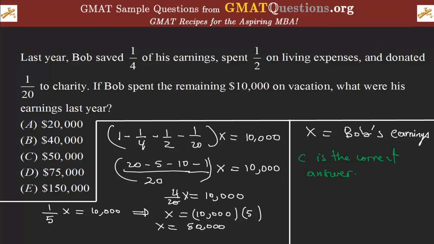Now, this is not the only way to do this question by any stretch of the imagination. You could have done this question by changing 1/4 into a percentage. You could have said this is 25%, this is 50%, and this is 5%. 1 over 20 is 5%. But we're dealing with fractions, we're not dealing with percentages.